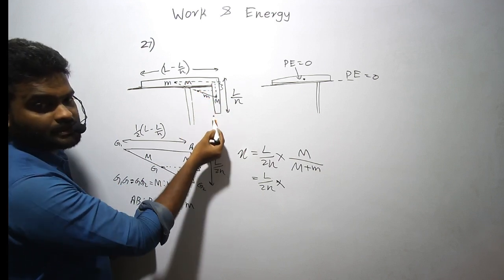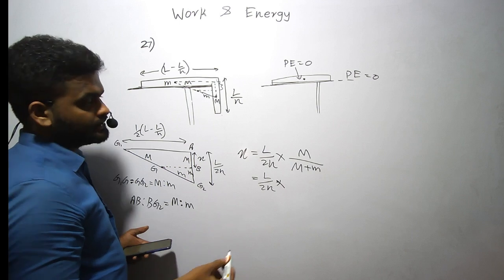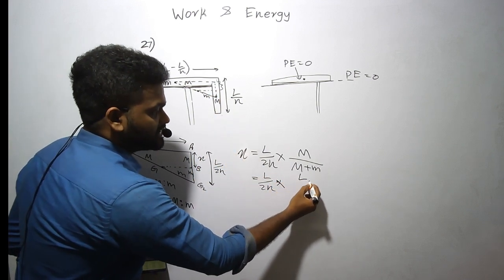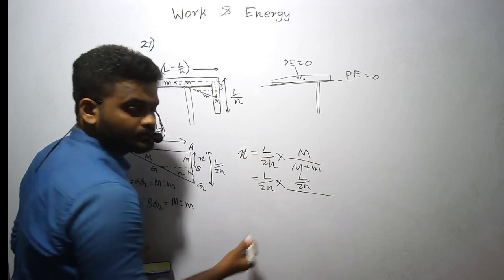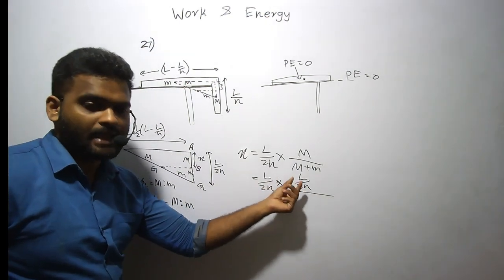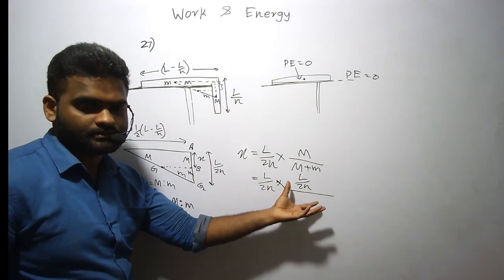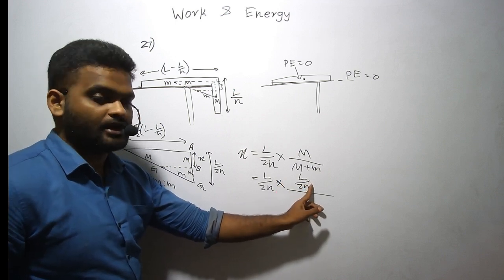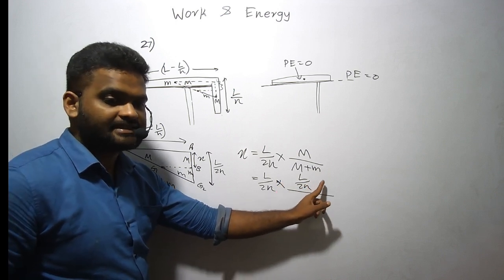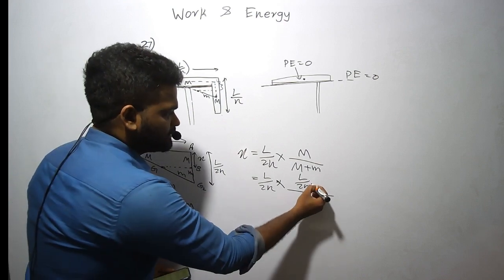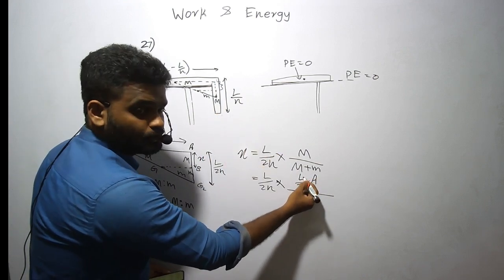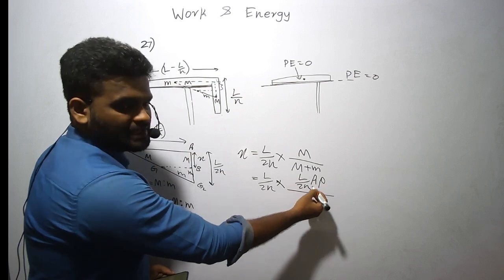So how do we find that? We can just represent capital M as a length. You can show the mass of this part as a length. Actually you have to multiply by cross section and density, but this cancels off, right?